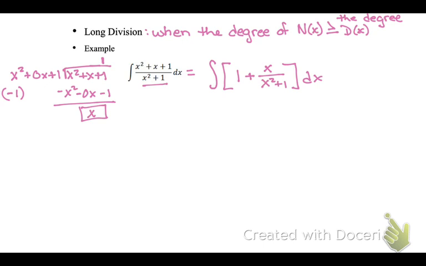So our remainder is just replacing the u prime. Okay, so now we're going to do the integral of this and the integral of this separately, correct? The integral of 1 is x, isn't it? Okay. So this is x plus, well, here u would be x squared plus 1.